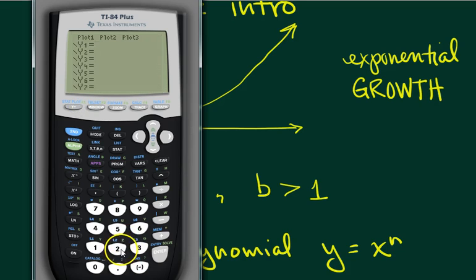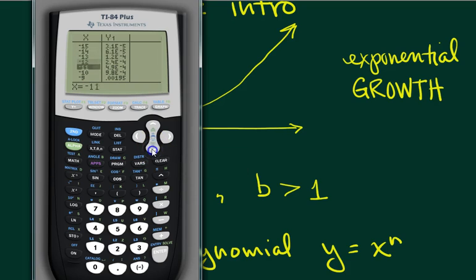In my y equals screen, I'm going to use just the base 2 here, keep it simple, and raise 2 to the power x. So now my variable is in the exponent rather than in the base where we have always seen it up to now. I'm going to graph this, and now I see a function that is asymptotic to 0 on the left and growing very rapidly on the right. Let's look at the table to get some idea of this growth.